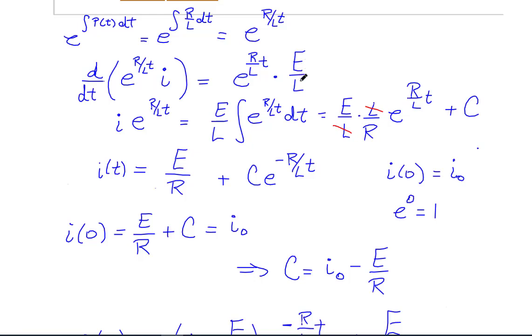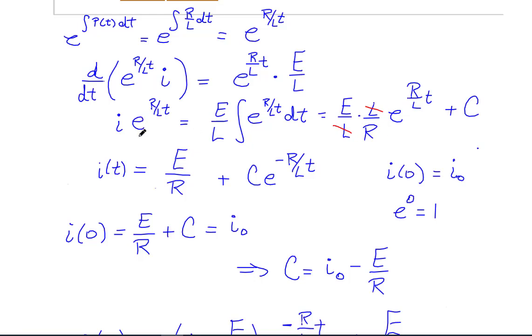Well, I get an E over L, that's here. If I integrate e to the something, I get 1 over R over L. That flips and I get L over R. The L's cancel.